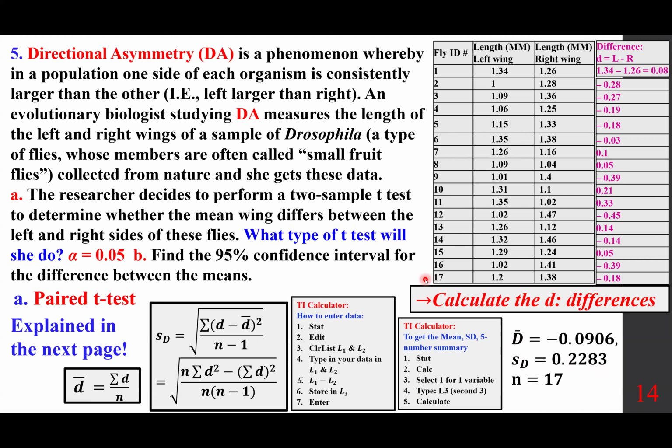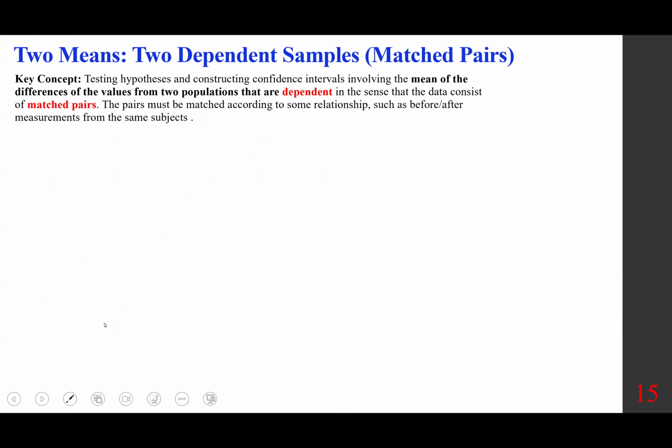We have 17 pieces. So what is a paired t-test? Paired means two dependent samples, matched pairs. Key concept: testing hypotheses and constructing confidence intervals involving the mean of the difference of the values from two populations that are dependent, in the sense that the data consist of matched pairs.